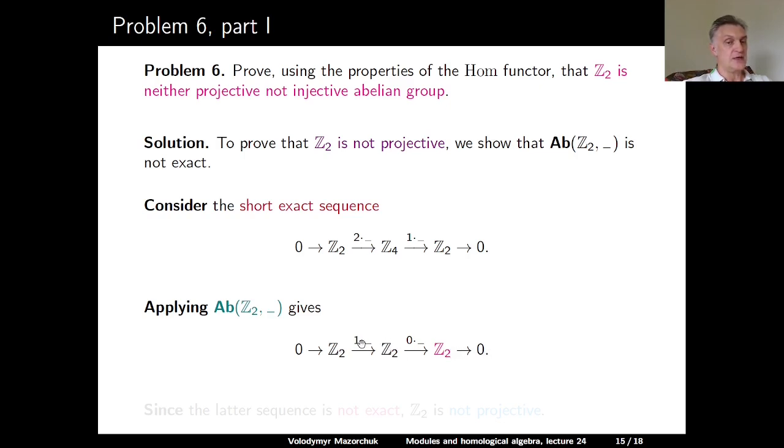And the first connecting homomorphism is the identity map, while the second connecting homomorphism is 0. And this means that this sequence is not exact. The magenta part is the homology of the sequence. And this means that Z2 is not projective, because taking Hom from a projective object sends exact sequences to exact sequences.